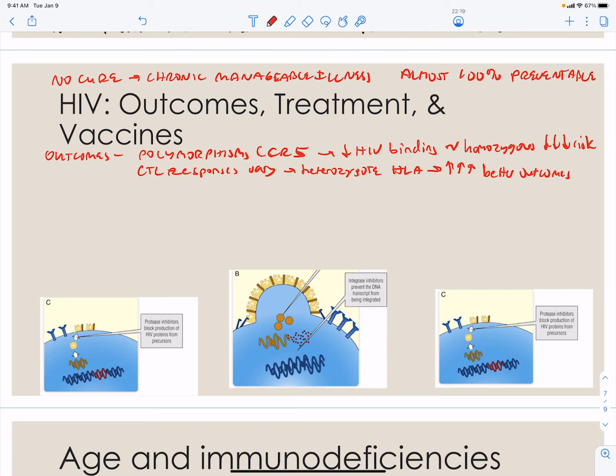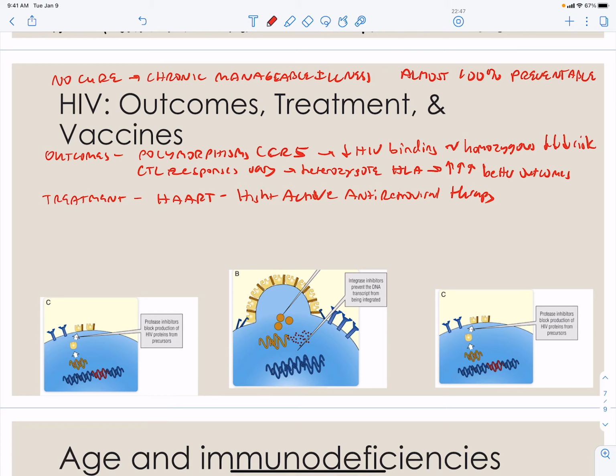Now, another thing is that you have treatments. We have HAART, which is highly active antiretroviral therapy.